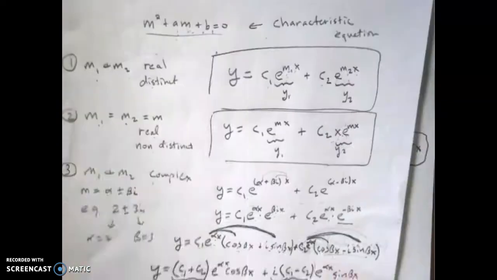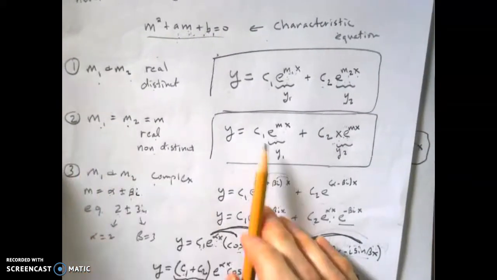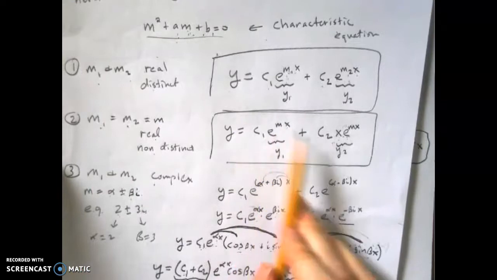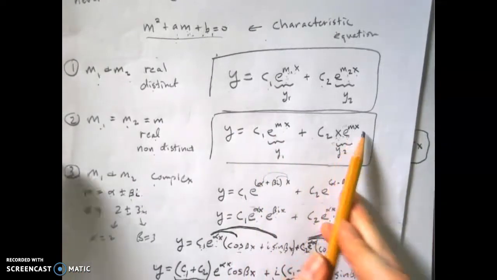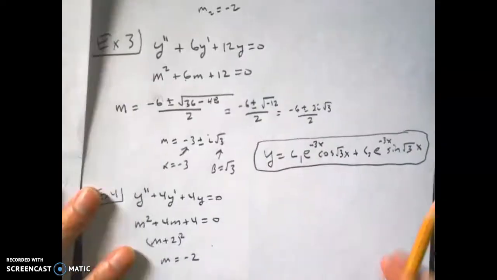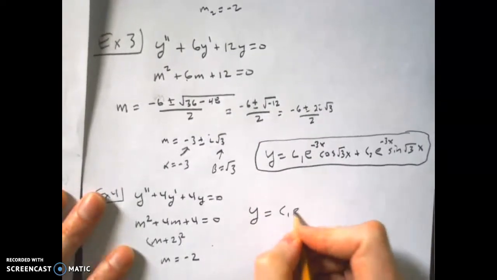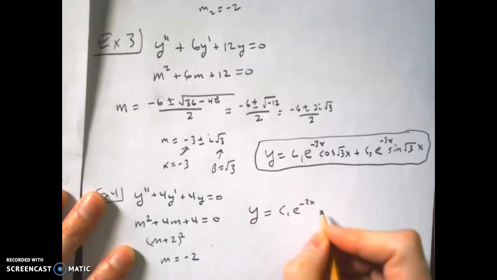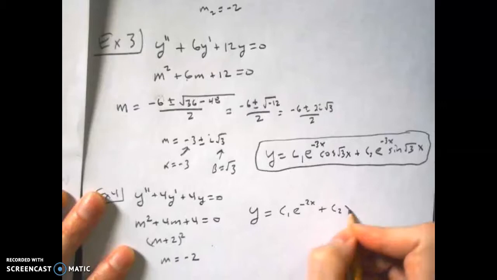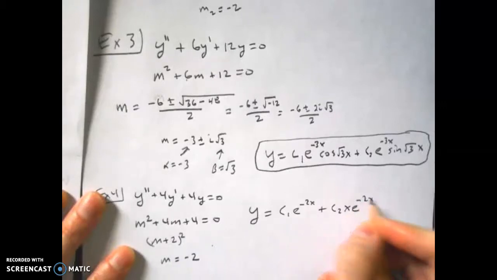So that was the second case in the middle. So we're going to c1 e to the mx plus c2 x e to the mx. So we're going to get y equals c1 e to the negative 2x plus c2 x e to the negative 2x.